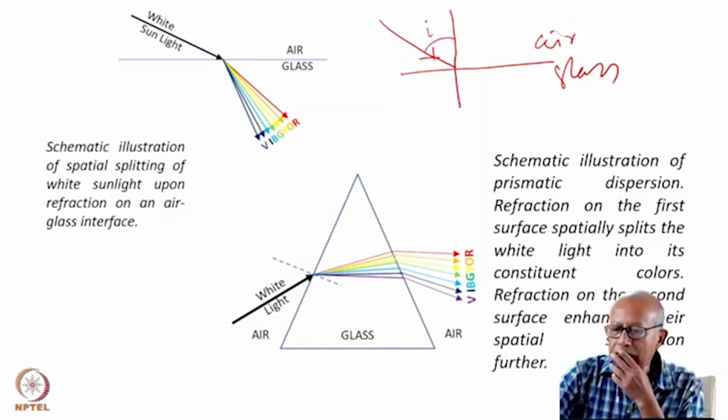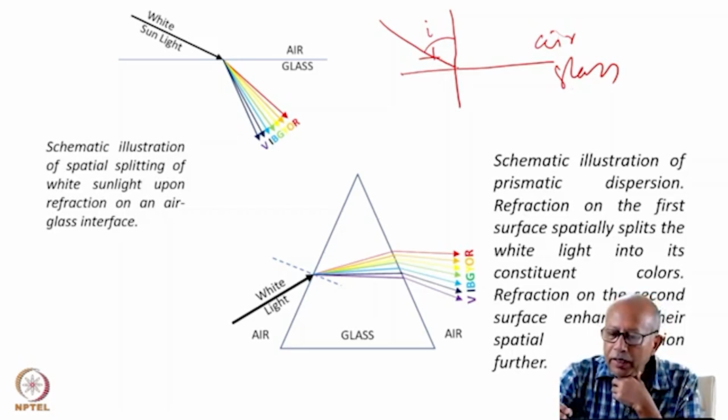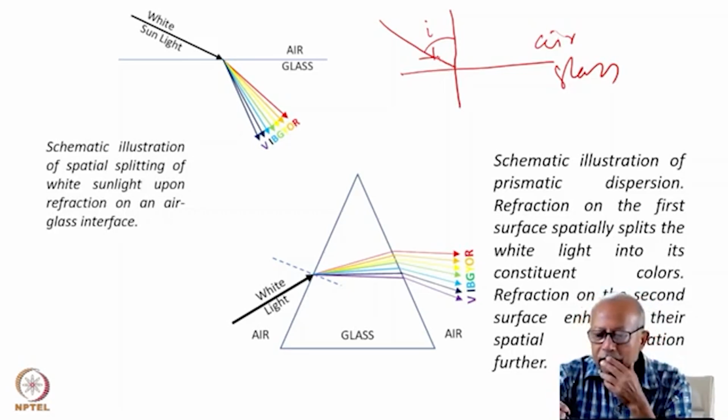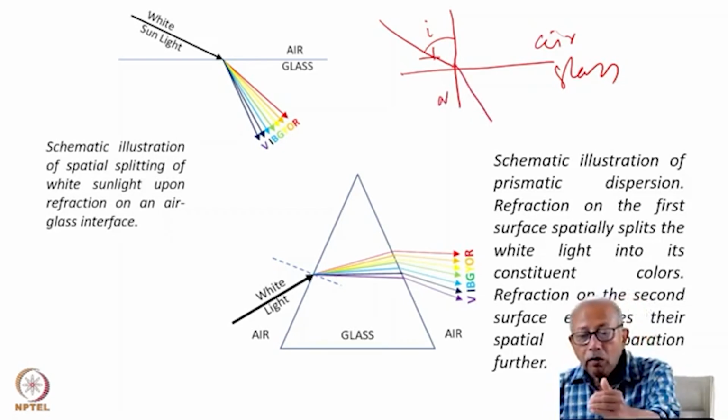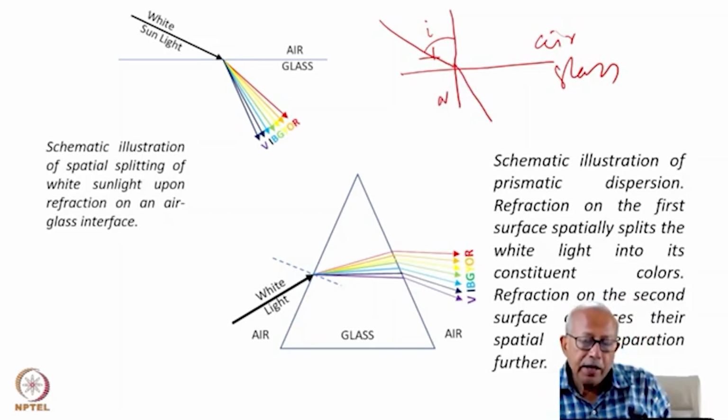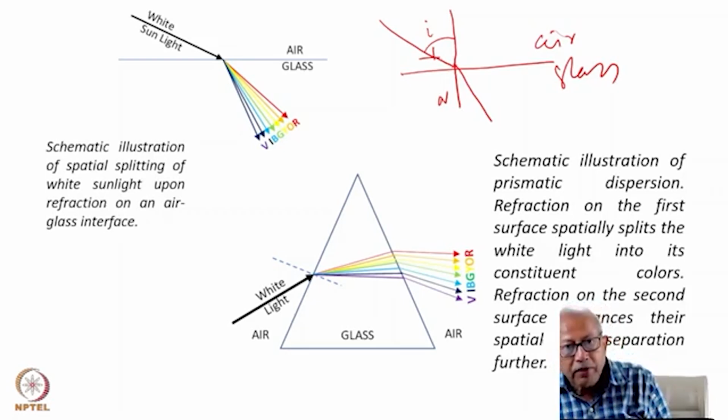Glass is denser than air. So the ray, if it were just a single color ray, will just bend towards the normal. This is the normal. Now, if this light has so many colors, will all the colors bend equally?